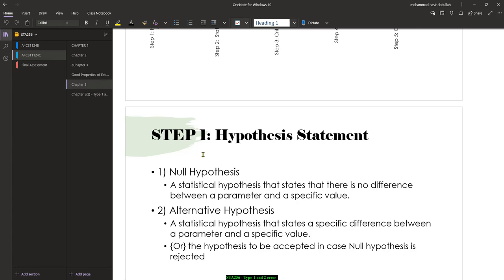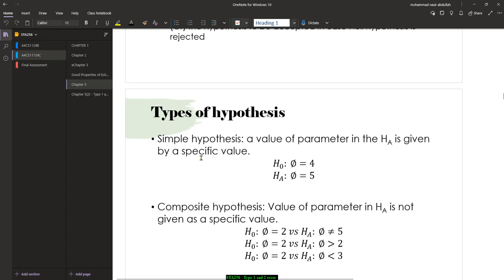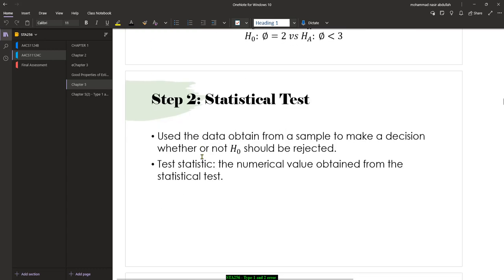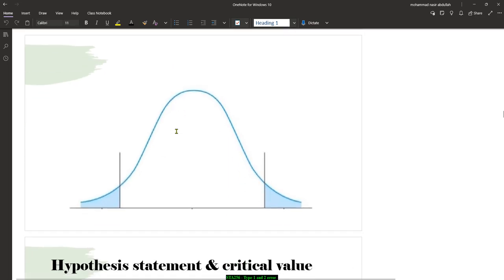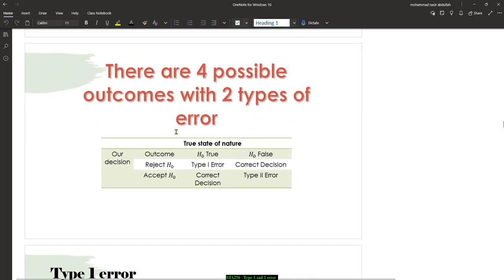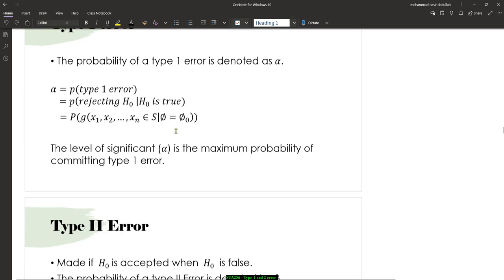Under null and alternative hypothesis, we have learned simple and composite hypothesis. Then we also looked at the statistical tests in hypothesis testing, either using the T distribution, Z distribution, F distribution, or chi-square distribution, right? And we also know there are two types of error, type 1 error and type 2 error, right?